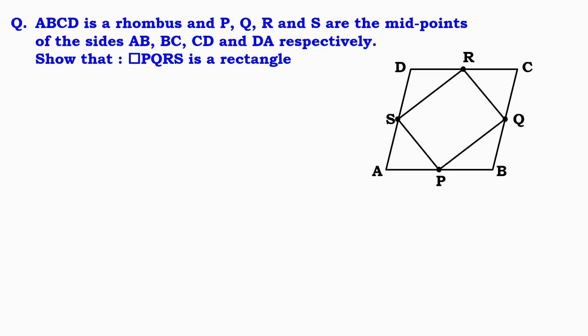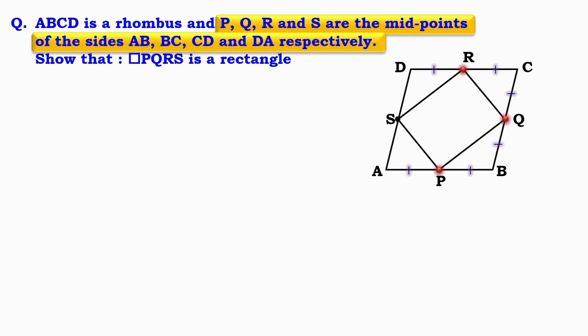So this will be the diagram, where ABCD is a rhombus and we take the midpoints of each side, respectively P, Q, R and S. If we join those points, the quadrilateral PQRS that is forming should be a rectangle, that we need to prove. Okay. So now what is given? That ABCD is a rhombus and P, Q, R, S are the midpoints of the sides AB, BC, CD and DA.